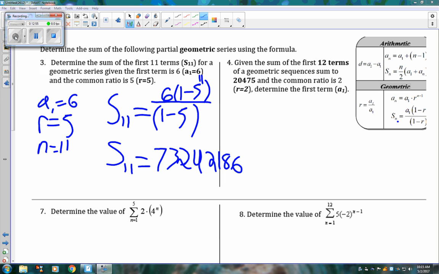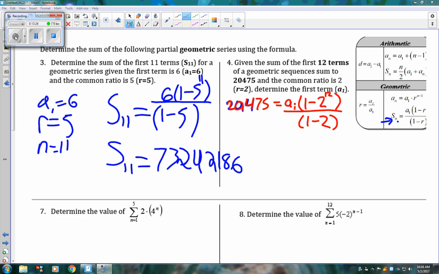So I have to use this formula. 20,475 is equal to a sub 1, because I don't know what a sub 1 is. That's what we're looking for. Times 1 minus 2 to the 12th power divided by 1 minus 2.